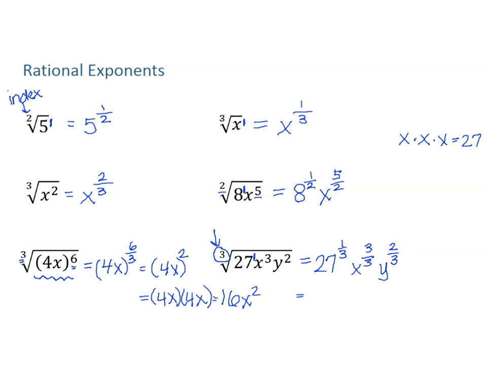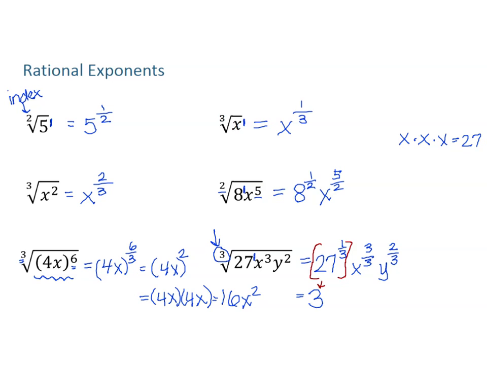Think about it. So hopefully you thought about the number 3, because 3 times 3 times 3 is 27. So this part of our expression is just equal to 3.